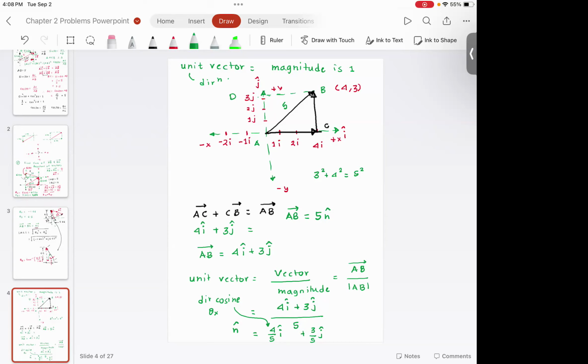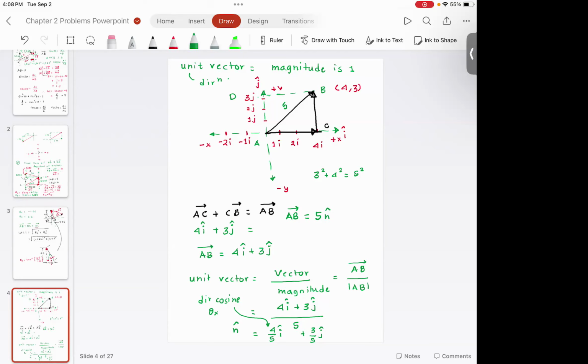And you will deal with these vector representations again and again. One thing I want you to understand is that this is called the direction cosine with respect to i. This is also called the direction cosine with respect to j.